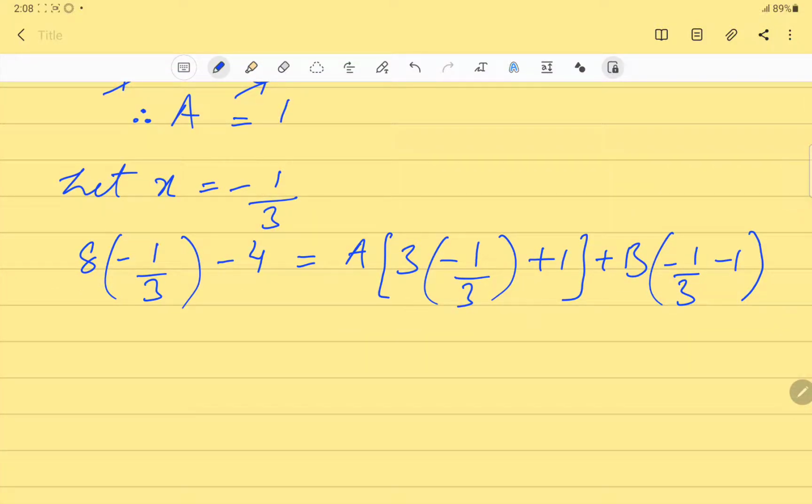So 8 into minus 1 over 3 is minus 8 over 3 minus 4 is equal to a.